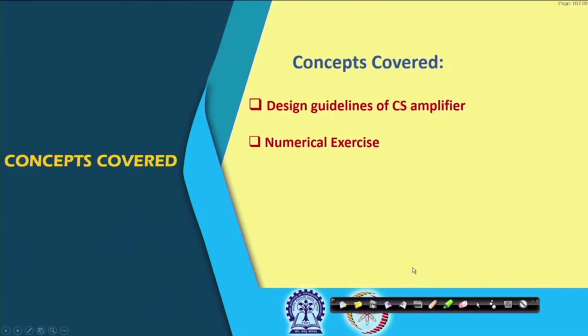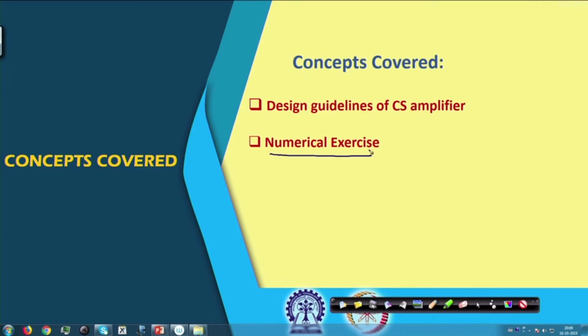The concepts we are going to cover today are the guidelines of common source amplifier design, and we will be going through a numerical exercise. Through that exercise, we will know how to select the value of the resistors, maybe capacitors also to some extent.